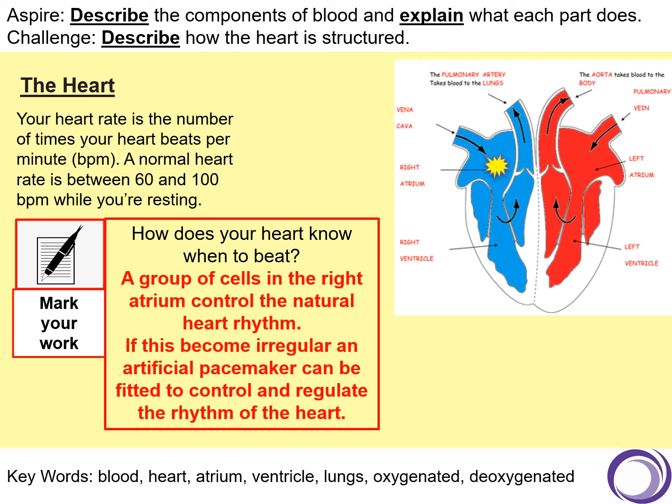If for whatever reason this group of cells fail, people can be fitted with something called a pacemaker, and this may be something that you have heard before. And a pacemaker can be fitted and it will control and regulate the rhythm of the heart.